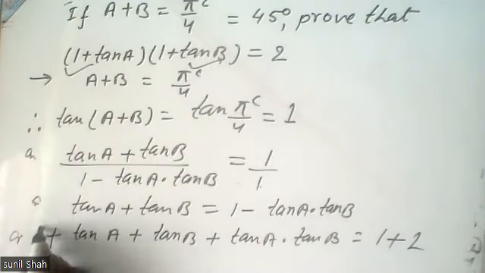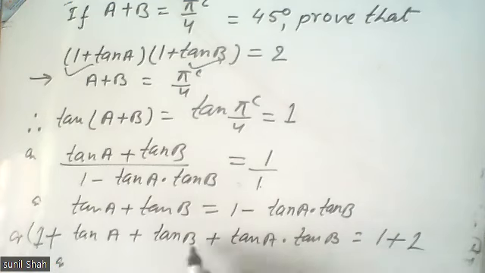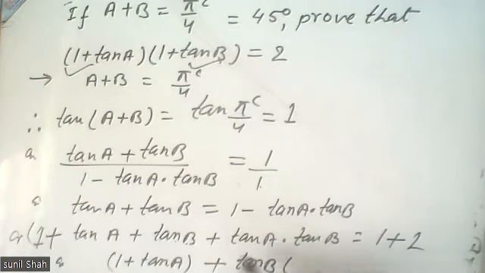So simply by looking, we can get 1 plus tan A from these two, and taking tan B common from this, we'll have 1 plus tan A. Now get the factor of this. So 1 plus tan A is as it is. Taking tan B common from both terms, tan B will have 1 remaining here and tan A remaining in the second term, is equal to 2.